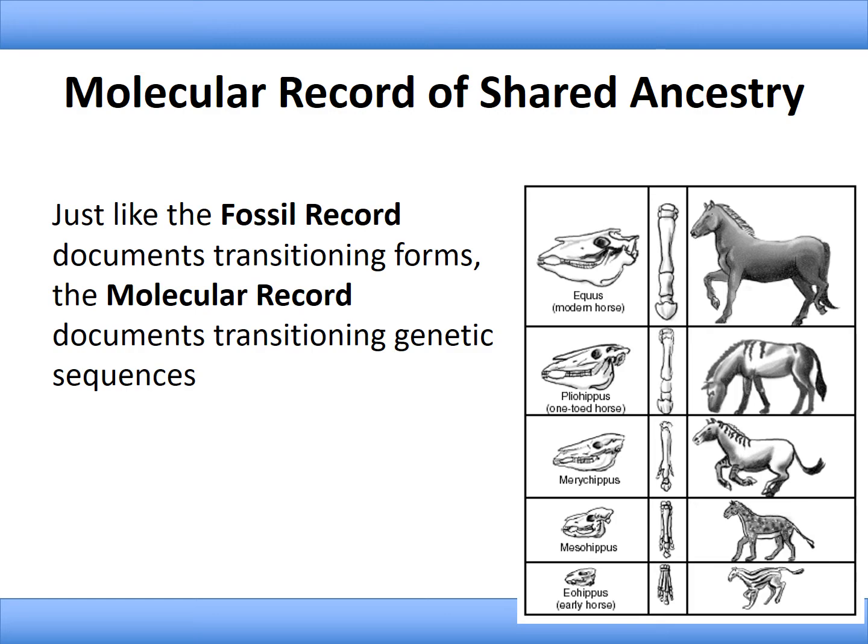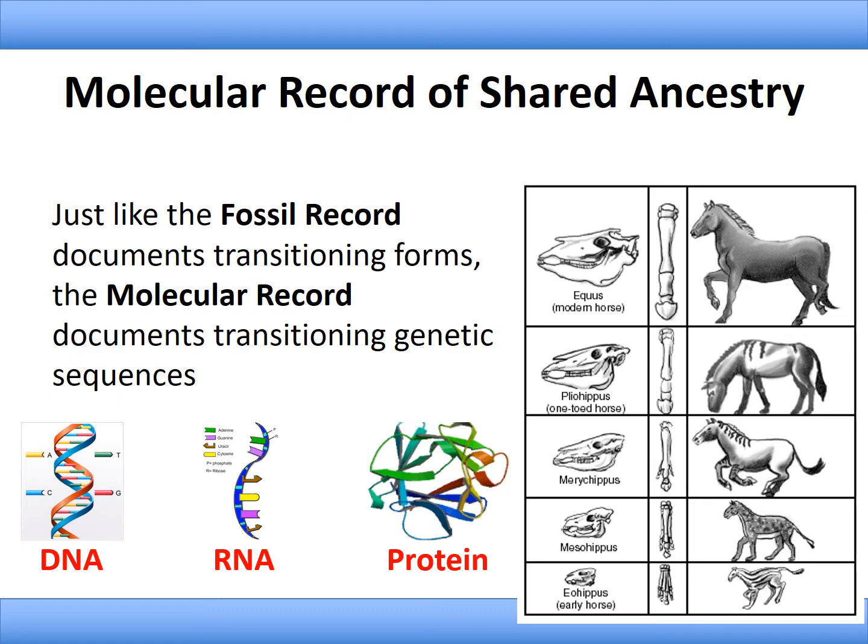Just like the fossil record documents transitioning forms, the molecular record documents transitioning genetic sequences. And there's 3 types of genetic information found in animal bodies. You've probably heard of DNA. That's the molecule of inheritance that parents pass on to their children.